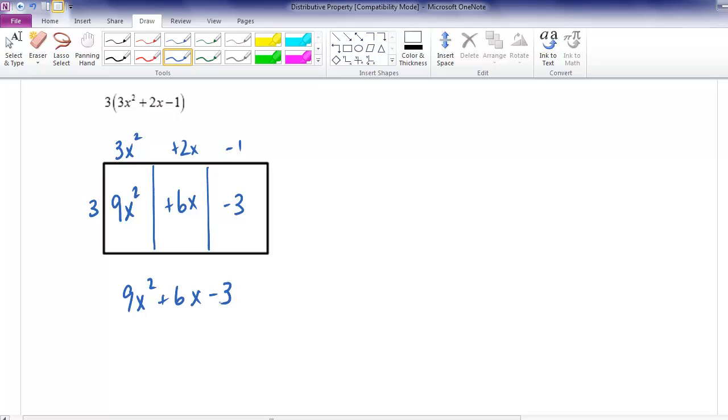Maybe you're really confident with distributing algebraically, and that's great. But you're more than welcome to do this. I think it's going to be valuable. It definitely is going to be valuable when we unmultiply. Things are going to be visible that you might be confused about if you just did the algebra.